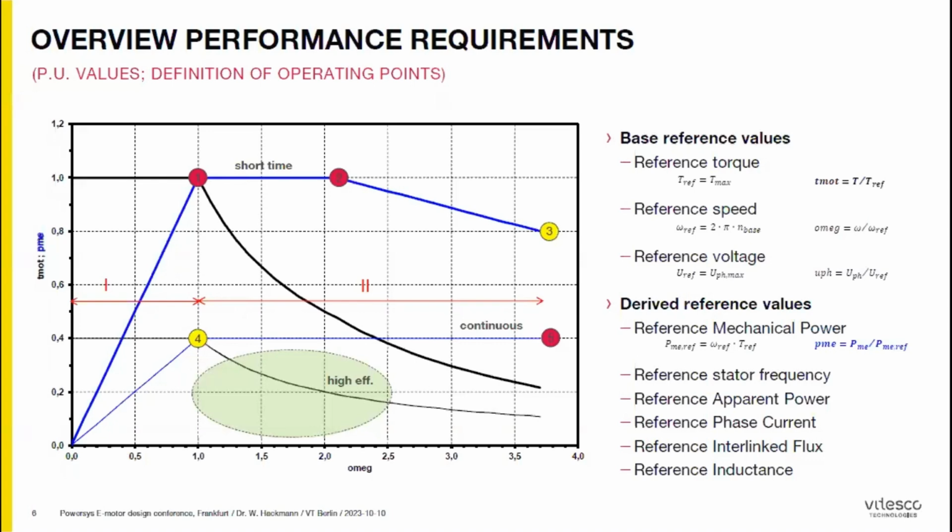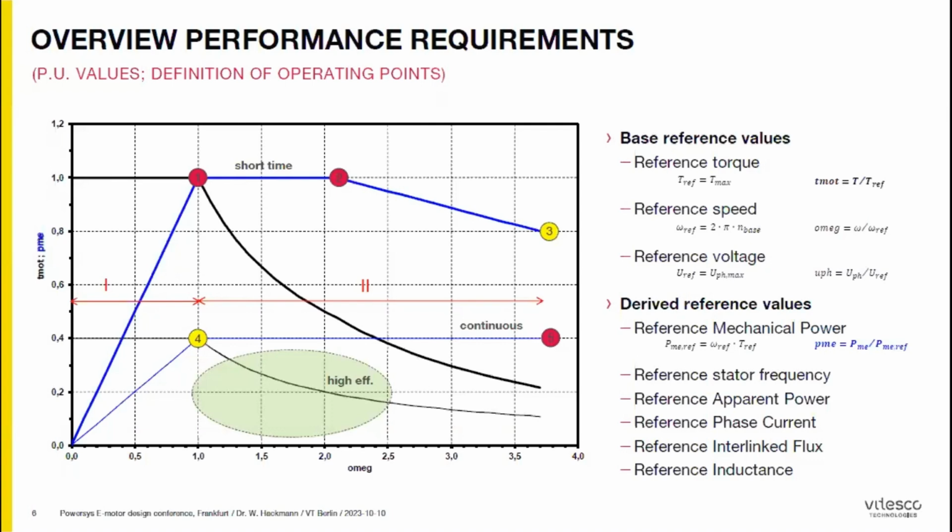And then you get very simple numbers. You see here the normalized speed, with values from 0 to 4. On the y-axis, you have the normalized torque and mechanical power: torque in black and mechanical power in blue.